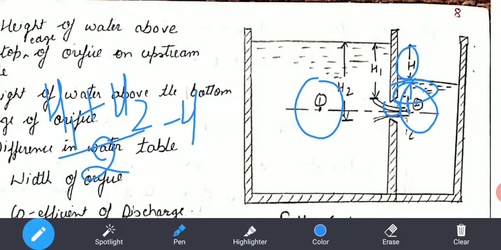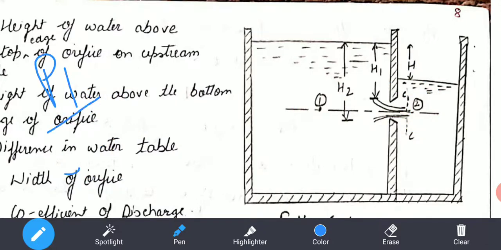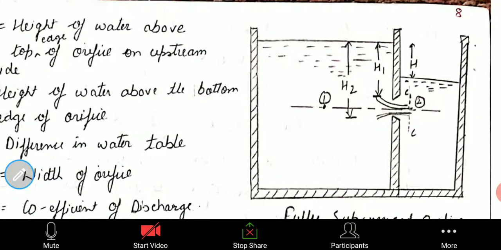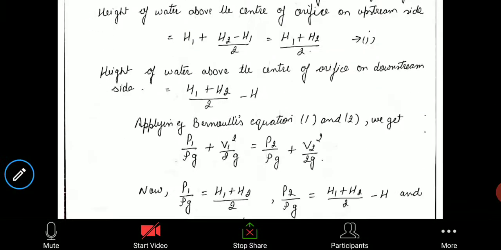Bernoulli's equation. In Bernoulli's equation, P1 upon rho g, I told you, is head. We talked about this. P1 upon rho g is the head at section 1, which we already calculated. See here, the head is already calculated.